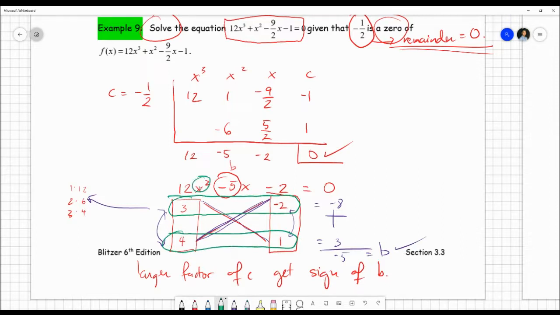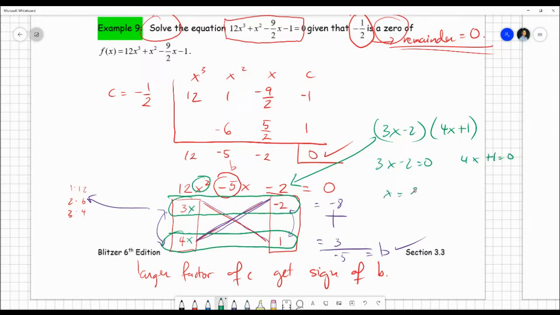Now here I left out an x because I need to get an x squared, so I need to add an x to each one of these. So my final factors are 3x minus 2 and 4x plus 1, and those are factors of this function. So now I can set each one of them equal to 0 and solve.